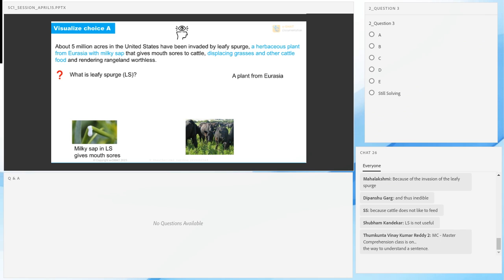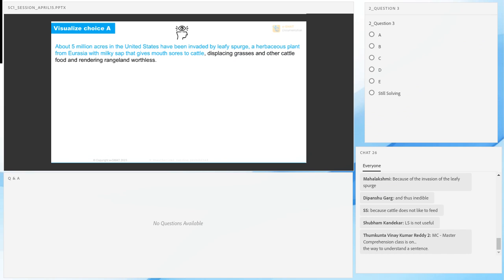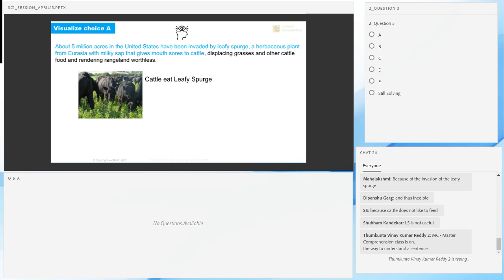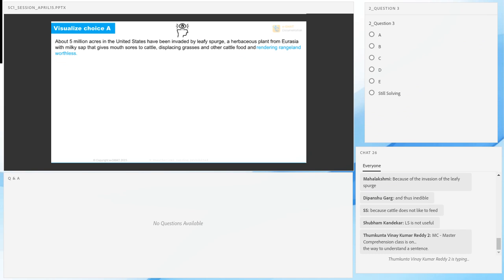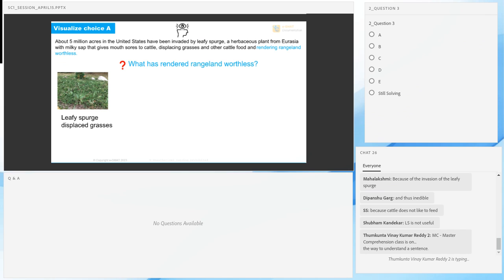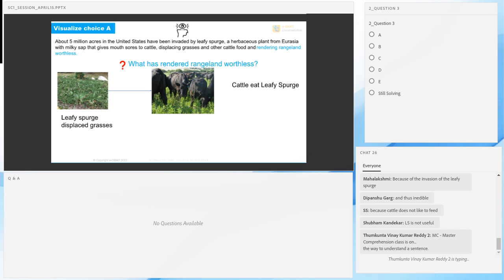And by the way, when there is this milky sap in these weeds, when the cattle eat these weeds, they develop mouth sores, and because of that they are not able to eat food anymore, which means that this entire huge span of rangeland has been rendered worthless. Okay, so now you know everything about the sentence because you have been able to explain this sentence to your friend in easy to understand terms, right? Because you have visualized the sentence.